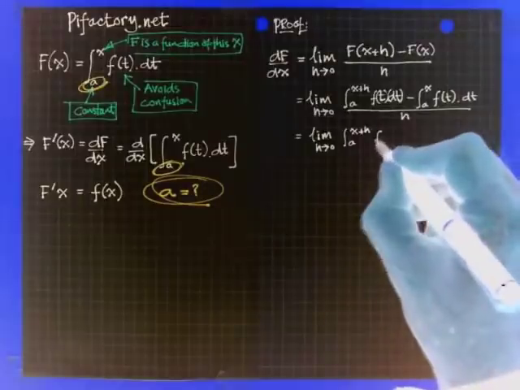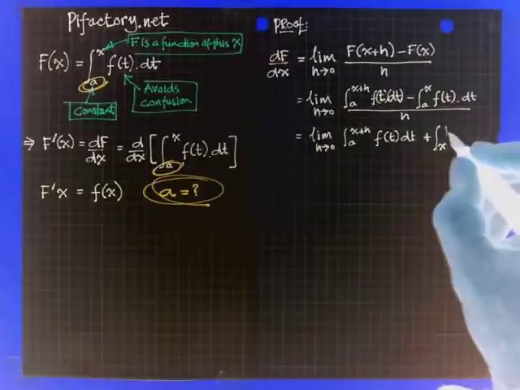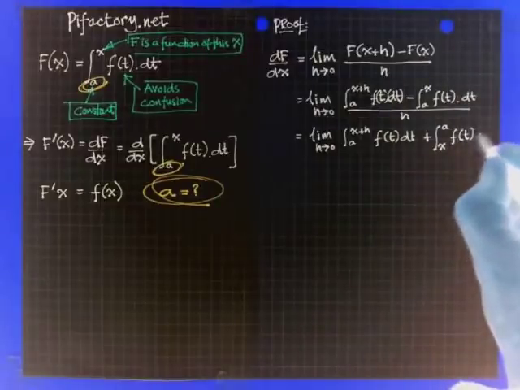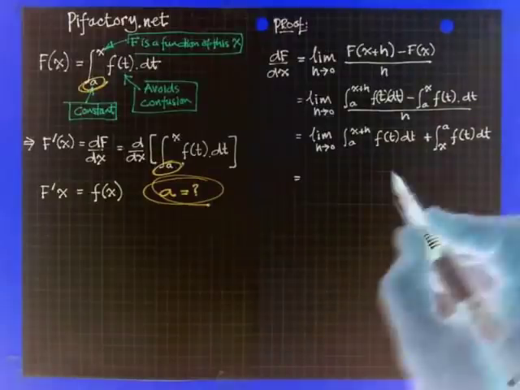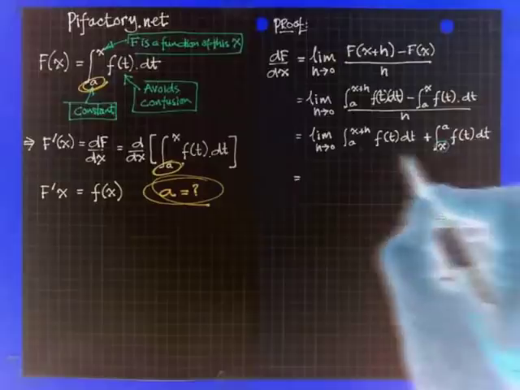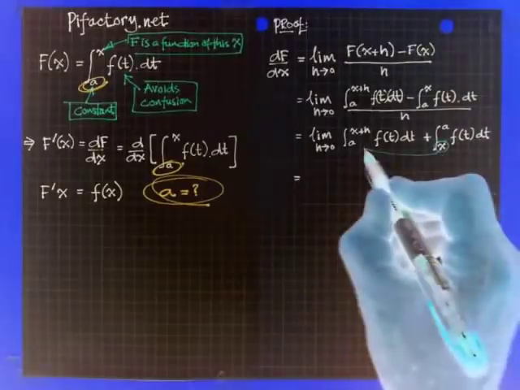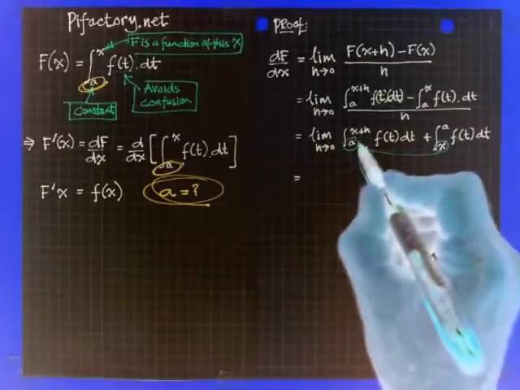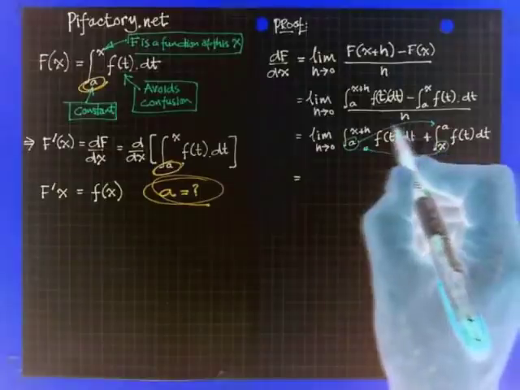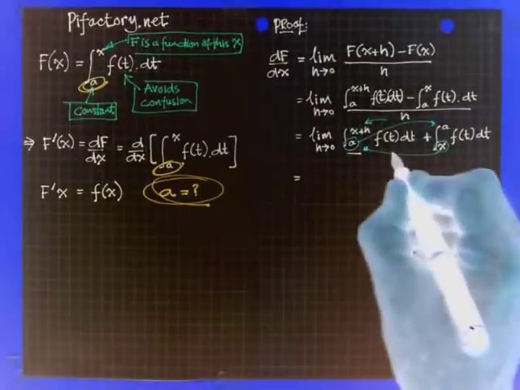Now, just writing the first one out again. But notice now I've put in a plus sign rather than a subtraction sign, but I've swapped over the lower bound and the upper bound. So now we've got an integral going from x lower bound to a upper bound in that latter integral. So I've now got two integrals which I can bring together because one goes from x to a and the other goes from a to x plus h.